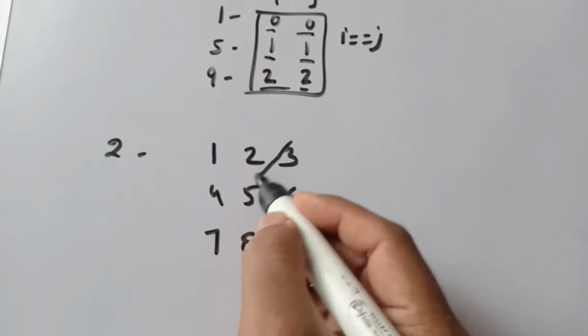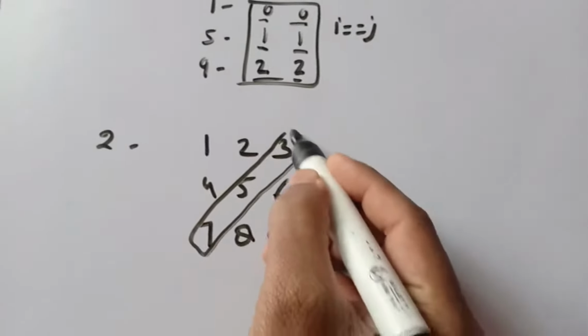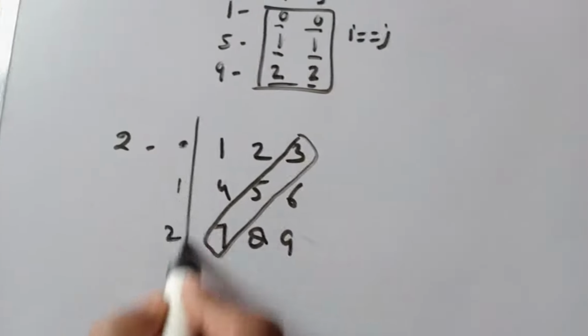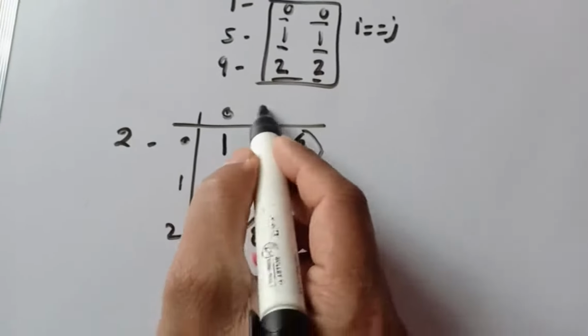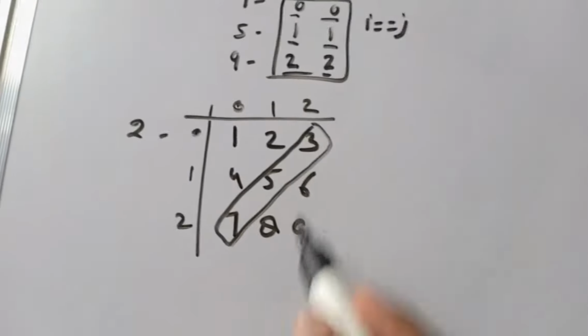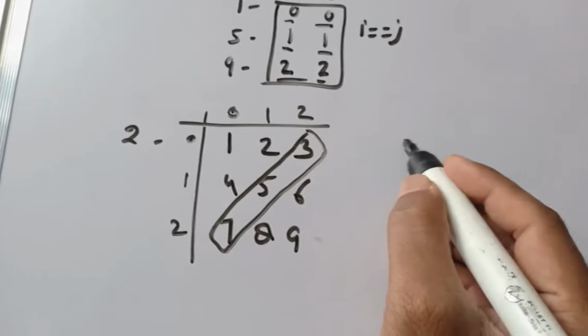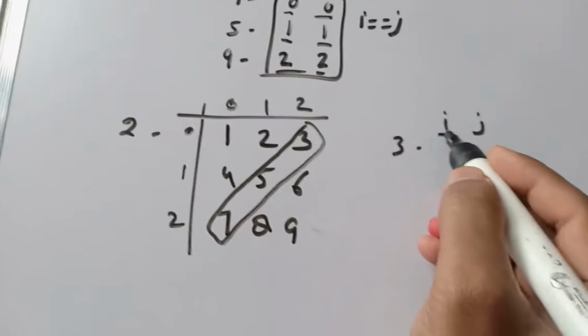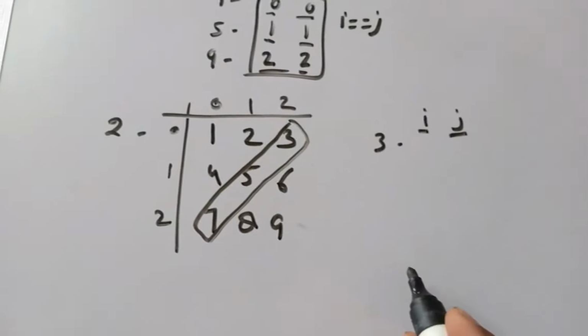In this case, we need to find these three elements. Again, the addresses: the value 3, I address, J address. I represents rows, J represents columns in my program.